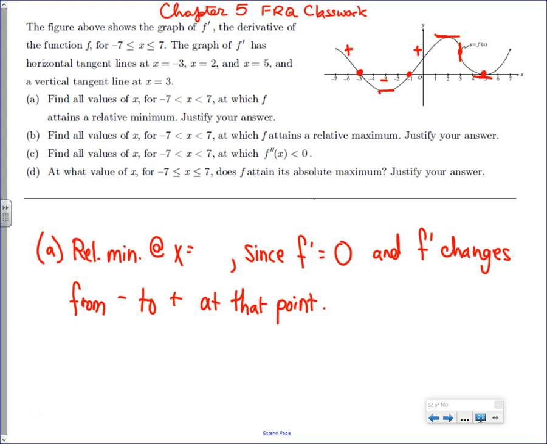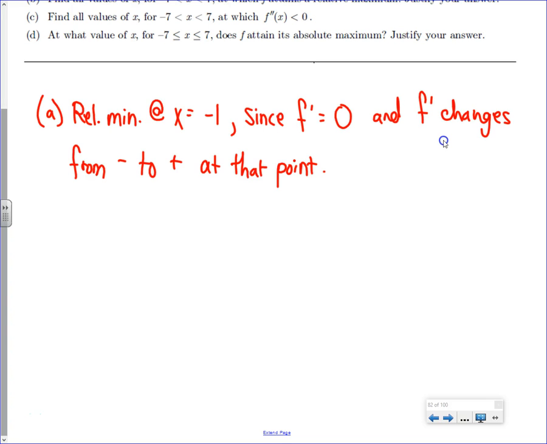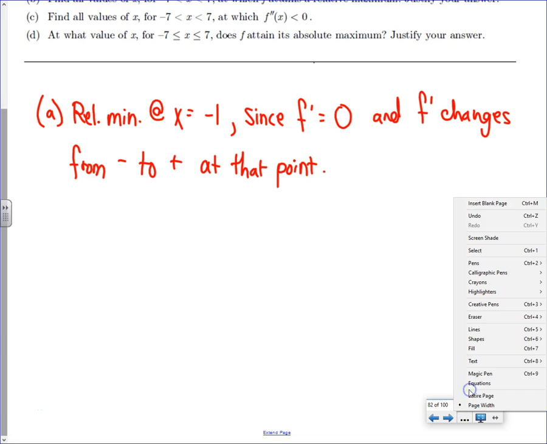F prime is positive, negative, positive, and positive again. So where in a sign chart is there going to be a change from negative below to positive above of the derivative at negative 1? Do you guys see how I basically used my forever card, and then filled in the right spot?